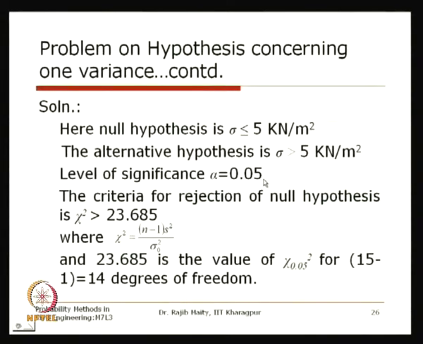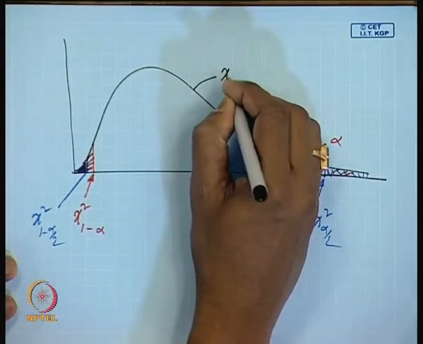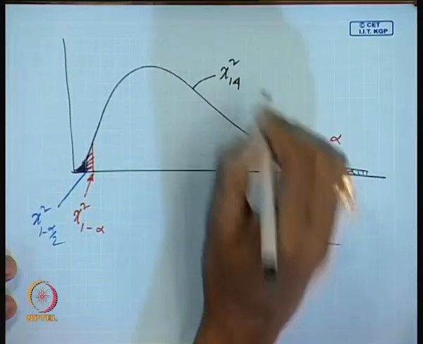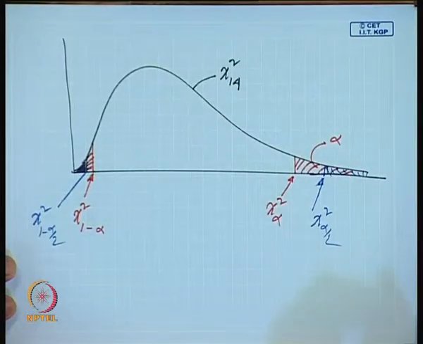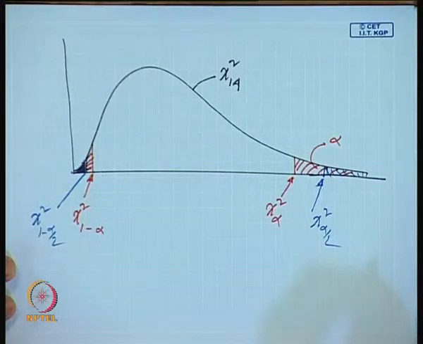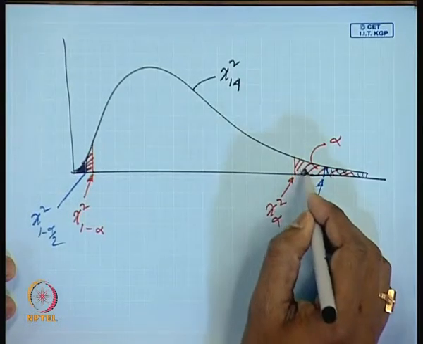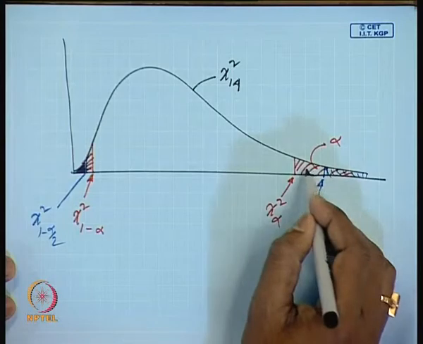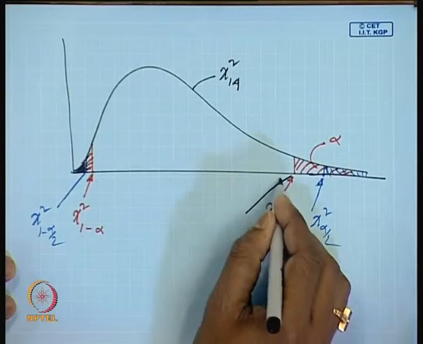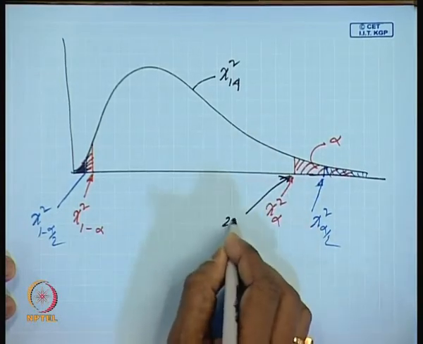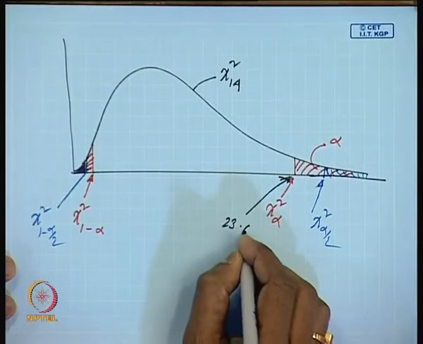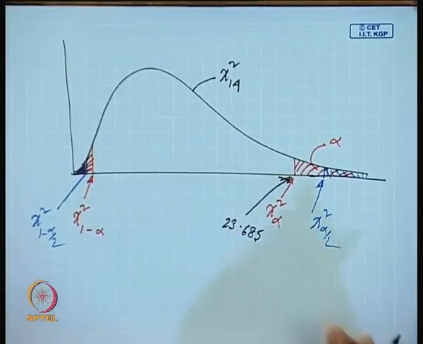So, if this is the chi-square distribution with 14 degrees of freedom and this red area is your 0.05, then this value is 23.685, which you can get from any standard textbook.